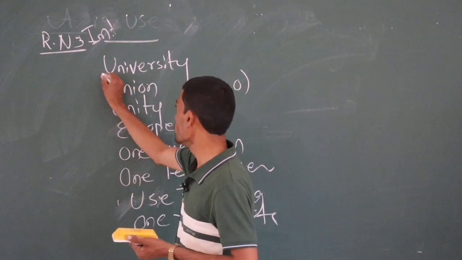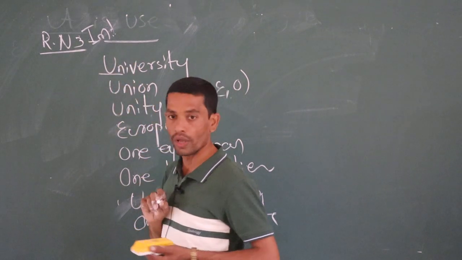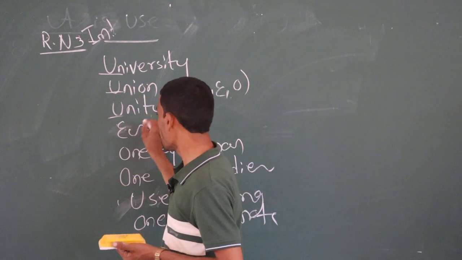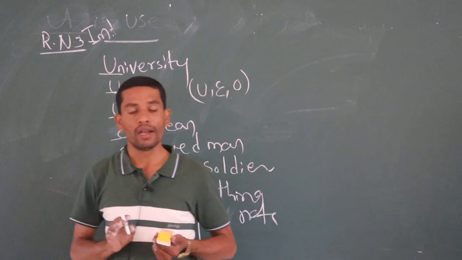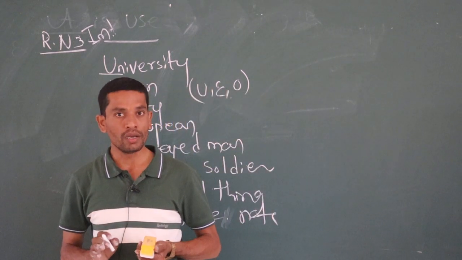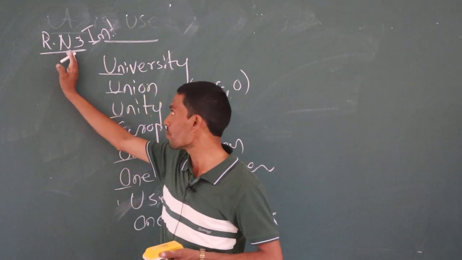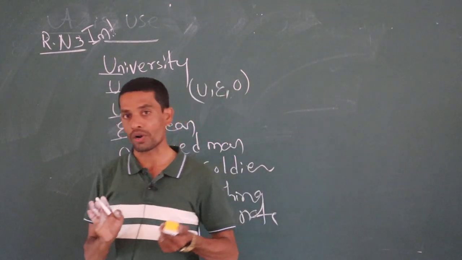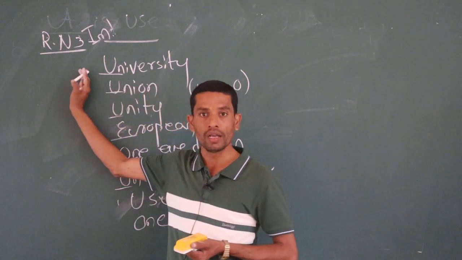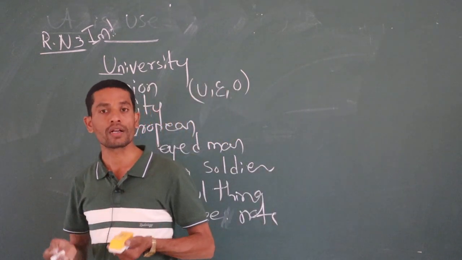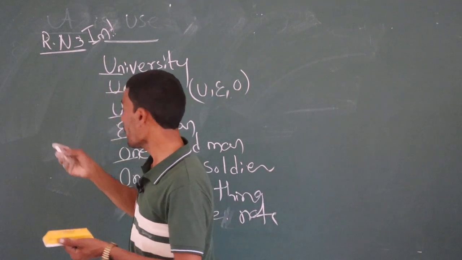So, just keep in your mind. U is a vowel, E also vowel, O also vowel. By seeing letters we should not take a decision, we have to pronounce those words. If it is pronounced like a vowel, we have to use an article. If it is pronounced like a consonant, we have to use a article.